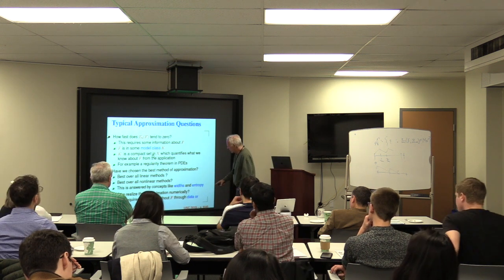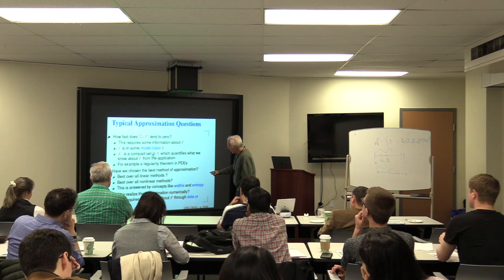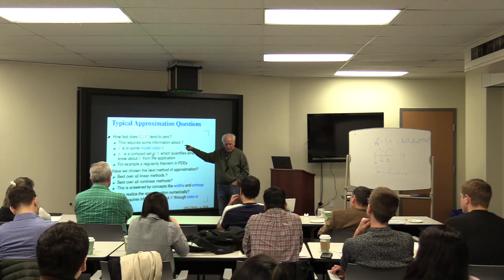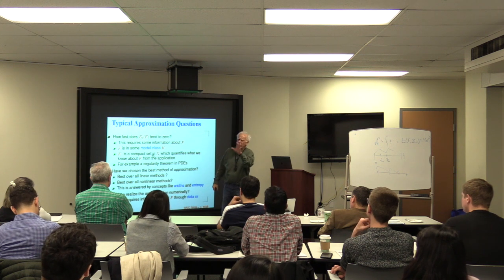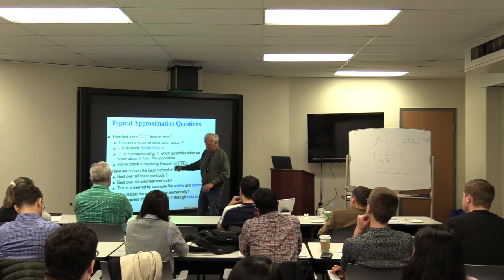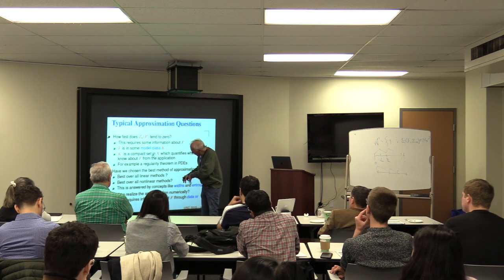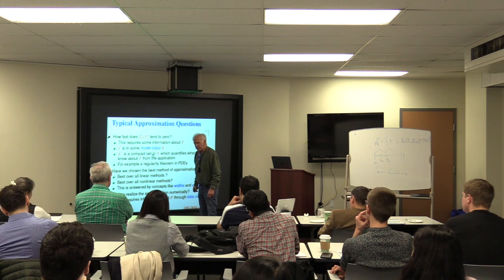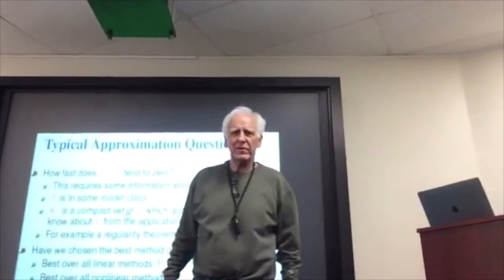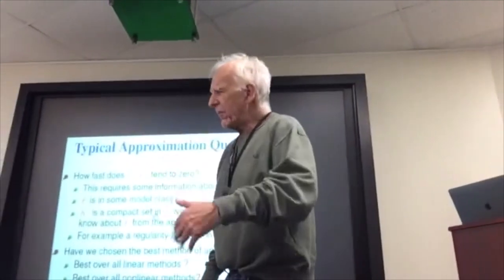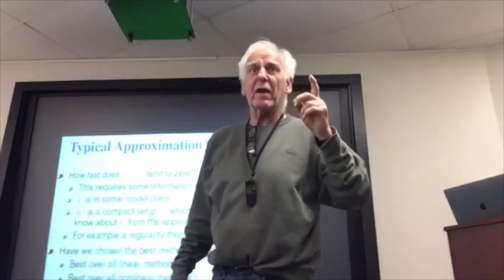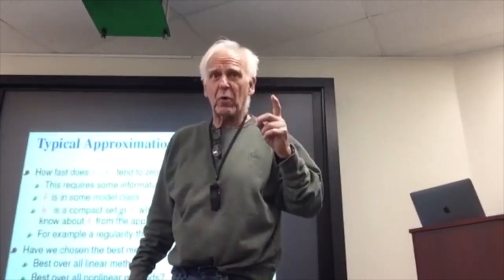Before I do that, I want to point out something important. Let's say we're in a situation where I really know my model class. These are the functions I want to approximate. I know K. And I go about and I find the width or entropy, and I say, oh, now I know the best performance I can make. And then I go further and I find a method that achieves the best performance. This may not be good enough in a numerical scenario. Why?